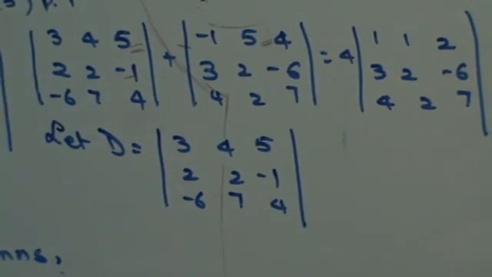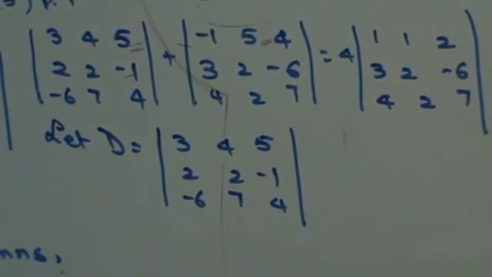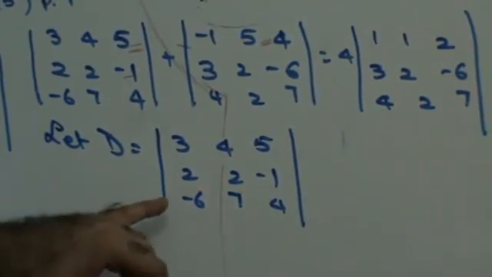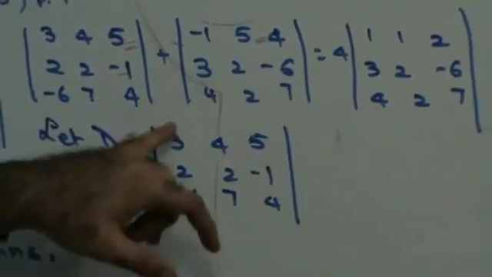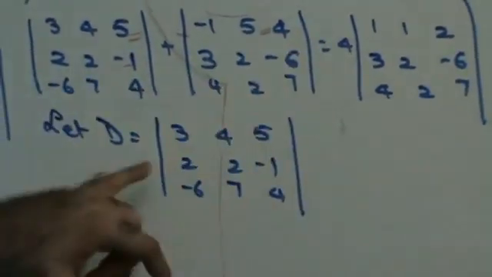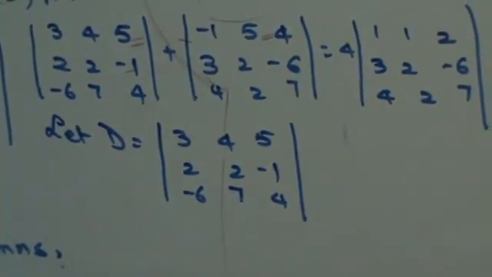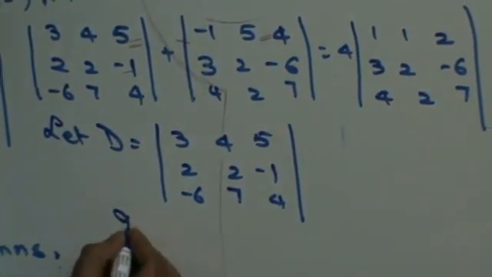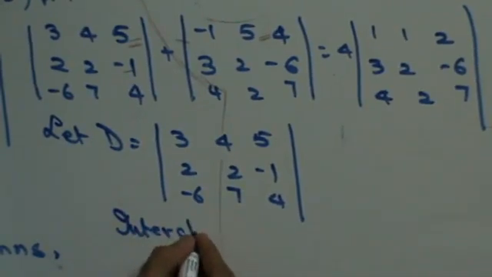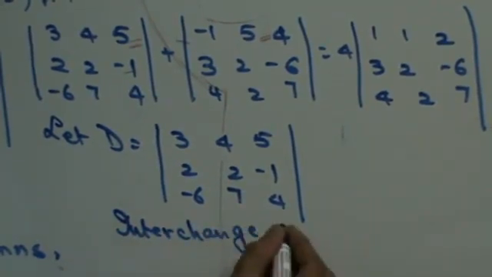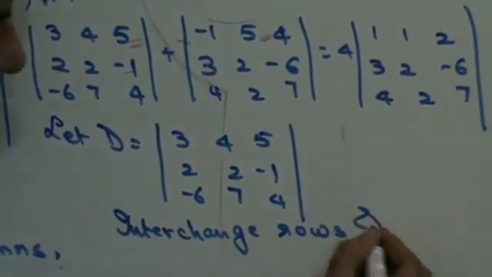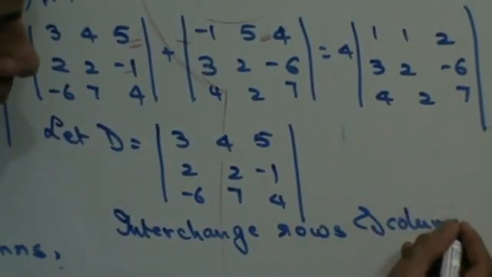Now minus 1, 3, 4 I have. Now I want minus 6, 3, 2 in the row whereas I have it in the column. 3, 2, minus 6 I want in the row and I have it in the column. So first thing I'm going to interchange rows and columns.